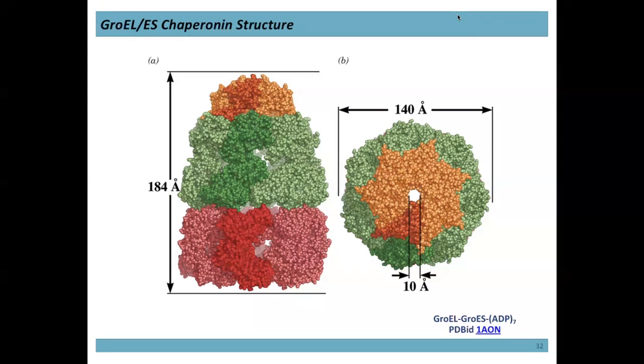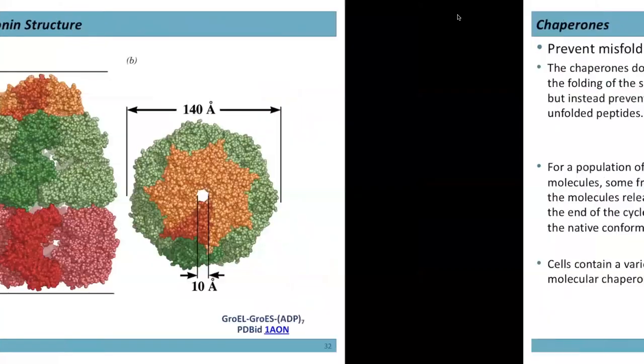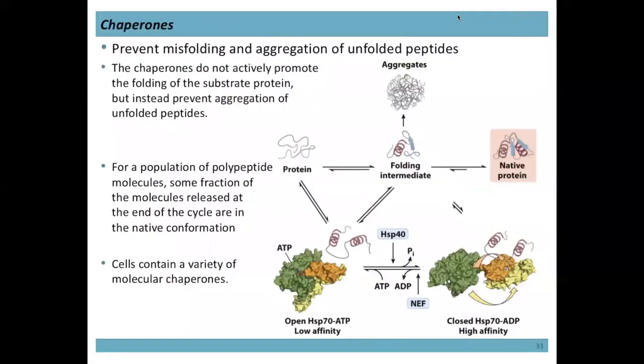There are different classes of these. This is an example of the GroEL, GroES chaperonin structure. Let's just talk about generally how these work. Chaperones prevent misfolding and aggregation of unfolded peptides.